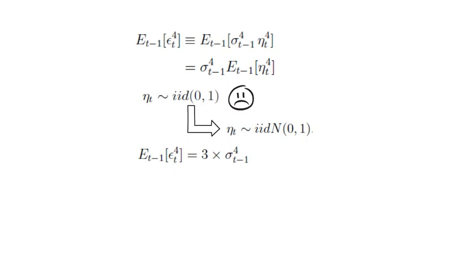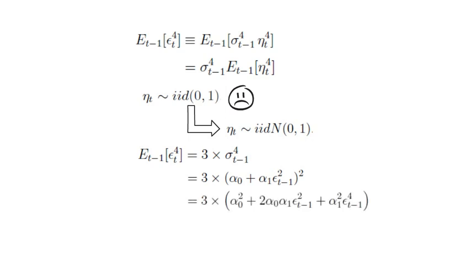Now that gives us that the conditional fourth moment of epsilon is simply 3 times, and now we have (alpha 0 plus alpha 1 epsilon square t minus 1) to the power of 2. So next we multiply out the square terms and we get the following expression.